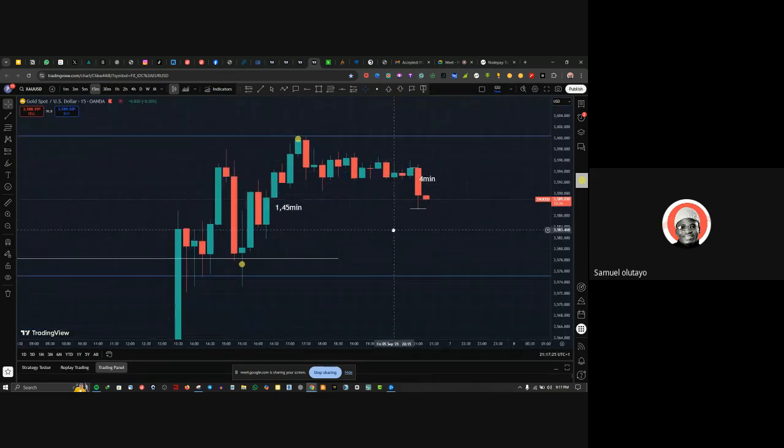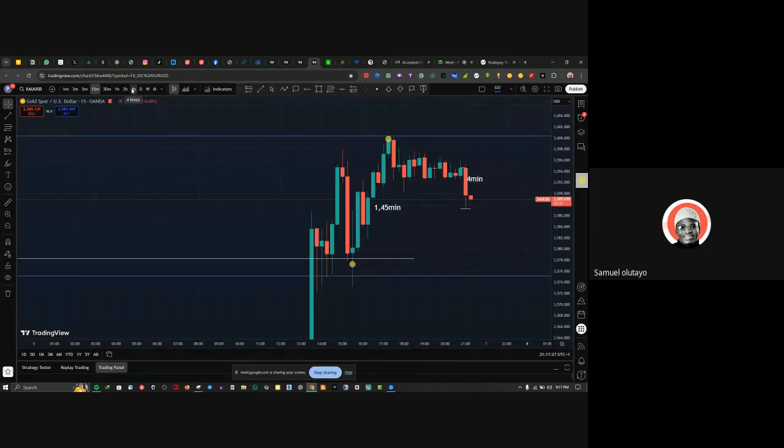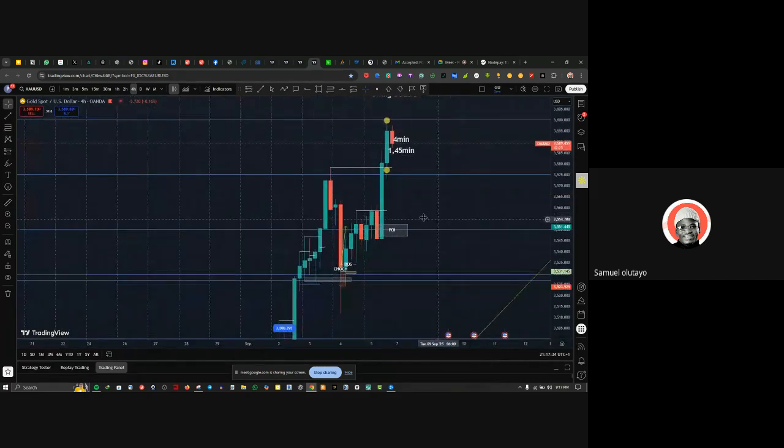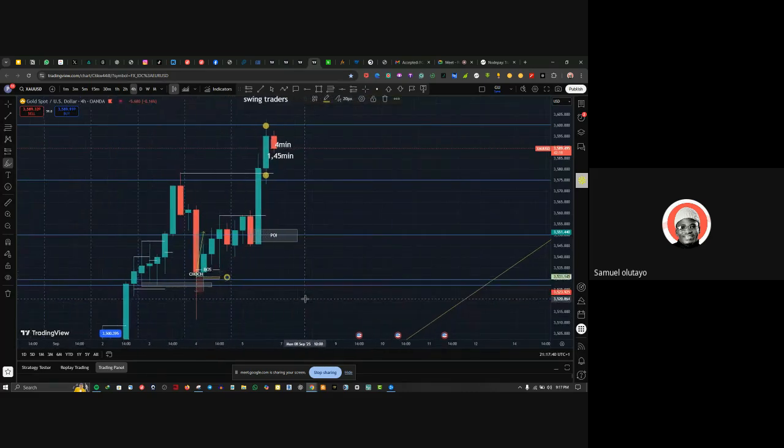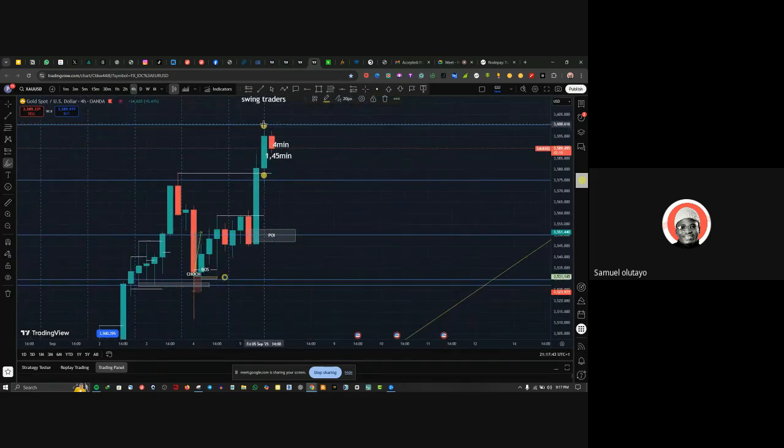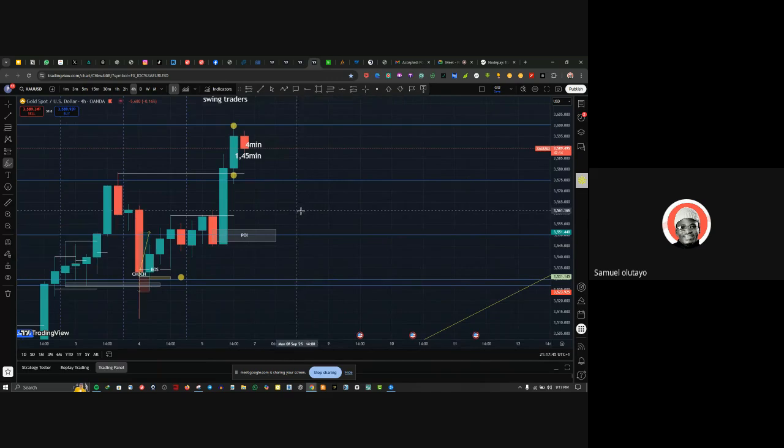Now, for swing traders, those ones are the ones that take trades on the higher time frame. So a swing trader can take trades on 4 hours and tell the trade, okay, enter at this point, and take me out at this level. Now, if you look at this particular one, you have to enter at this point and take me out at this high level.